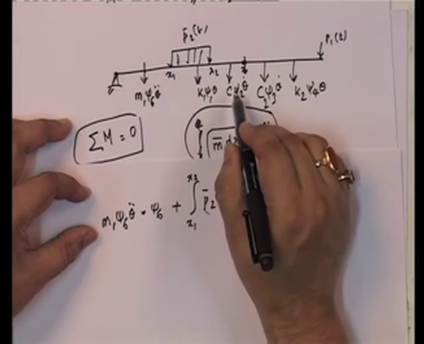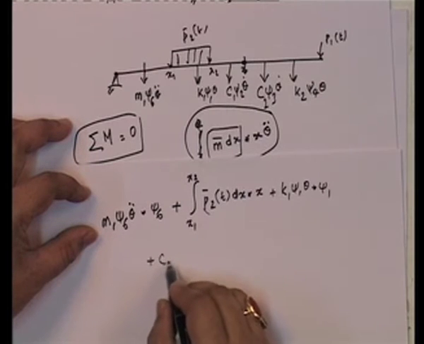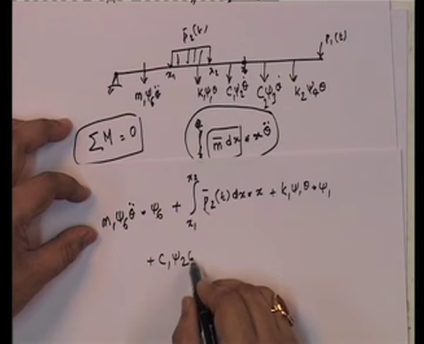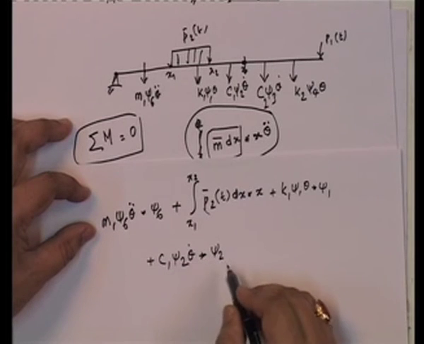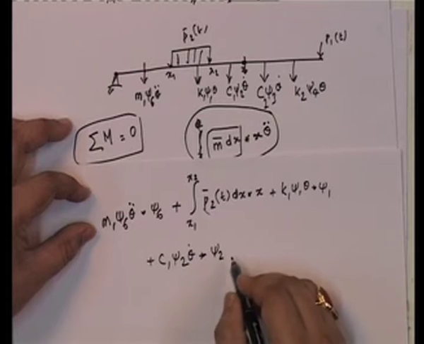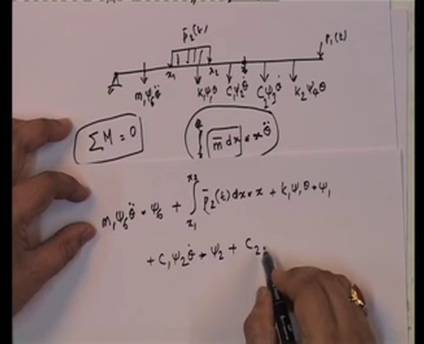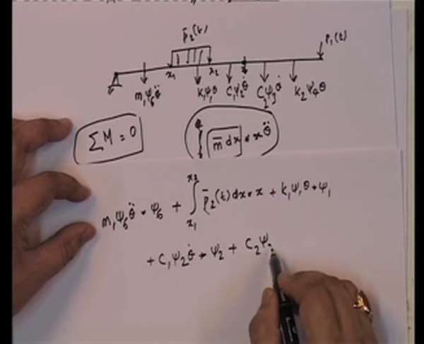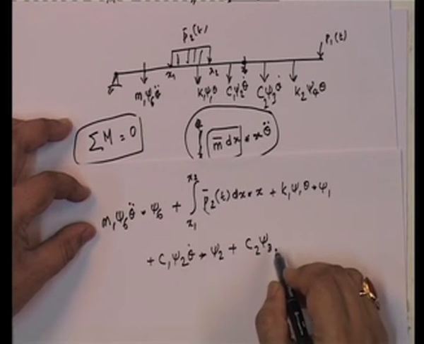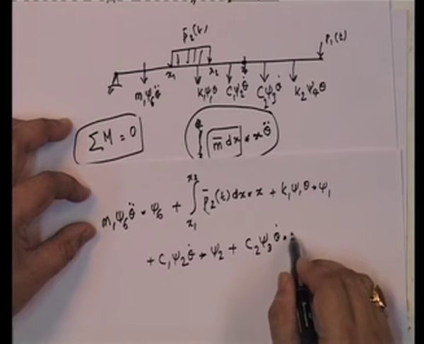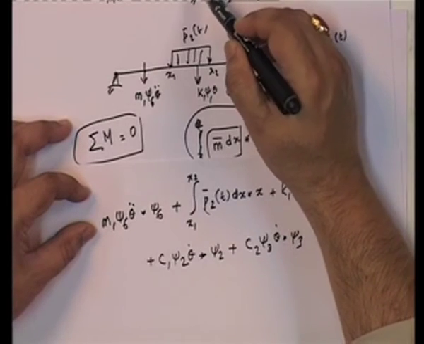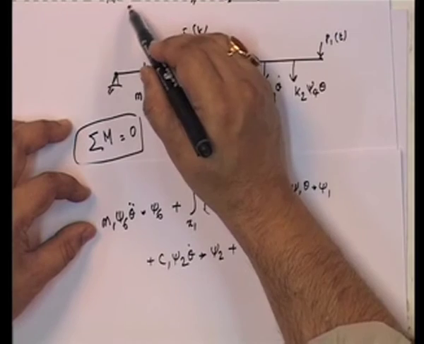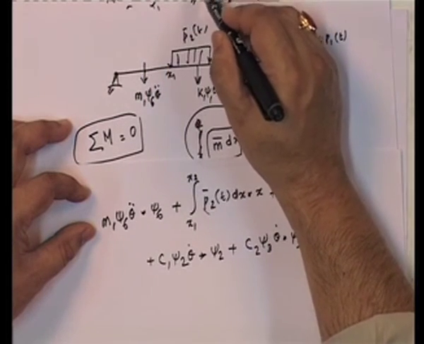Next is this one. So, this is c xi 2 theta dot into xi 2, because that is the distance again, plus c2 xi 3 theta dot into xi 3 distance. Remember that all of these imply that the distance from here to here is xi 1, only then will you get xi 1 theta.